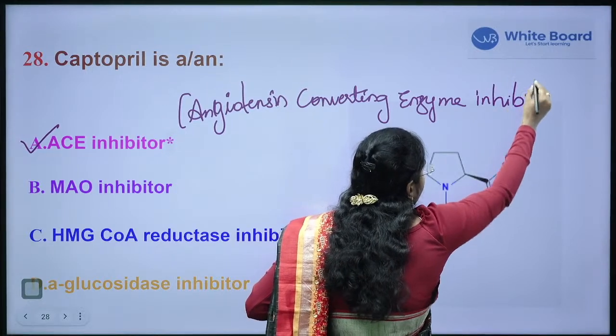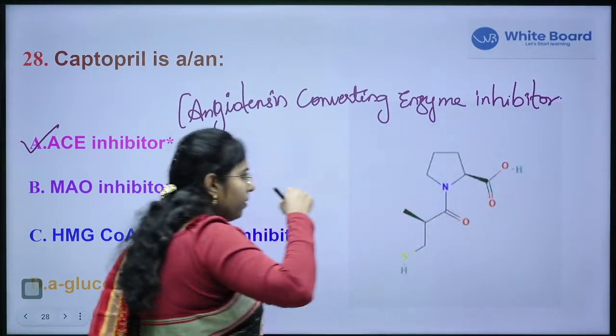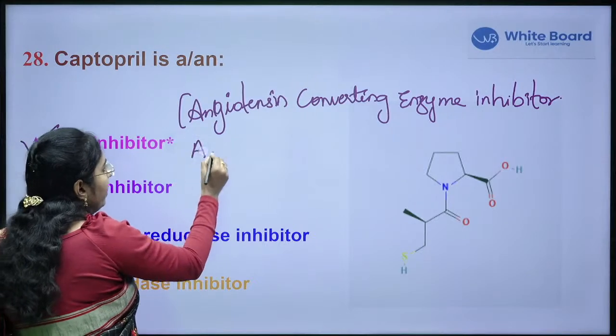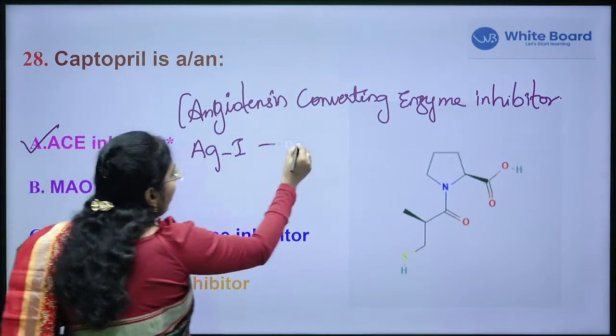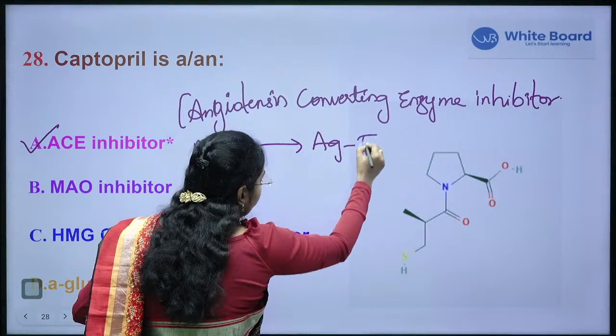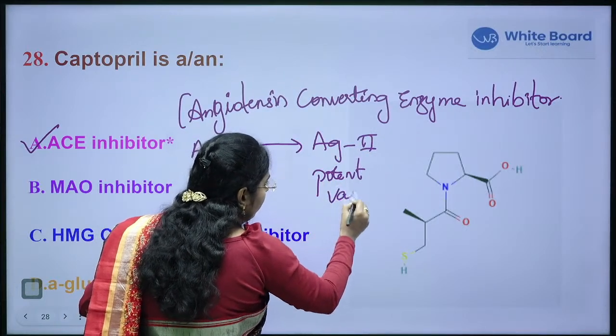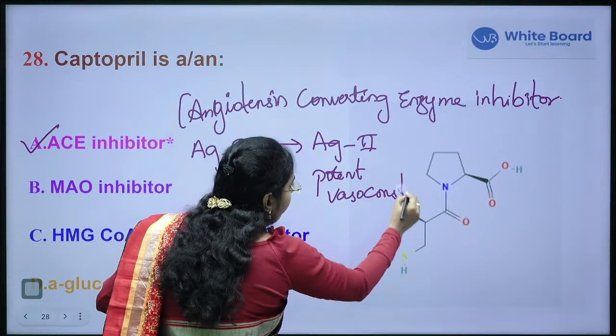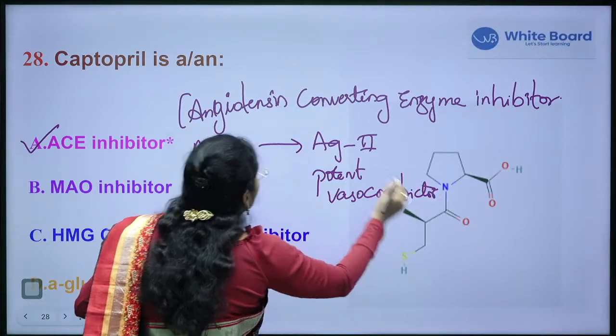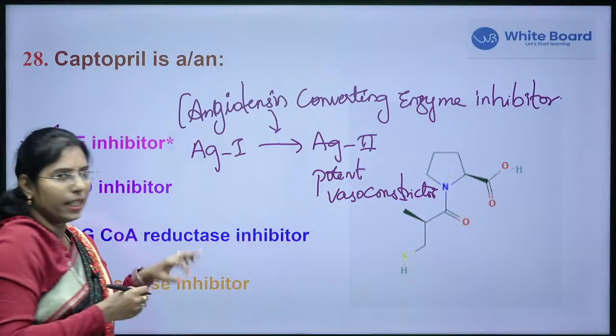Generally, angiotensin 1 will be converted into angiotensin 2, which is a potent vasoconstrictor, in the presence of an enzyme, angiotensin converting enzyme.